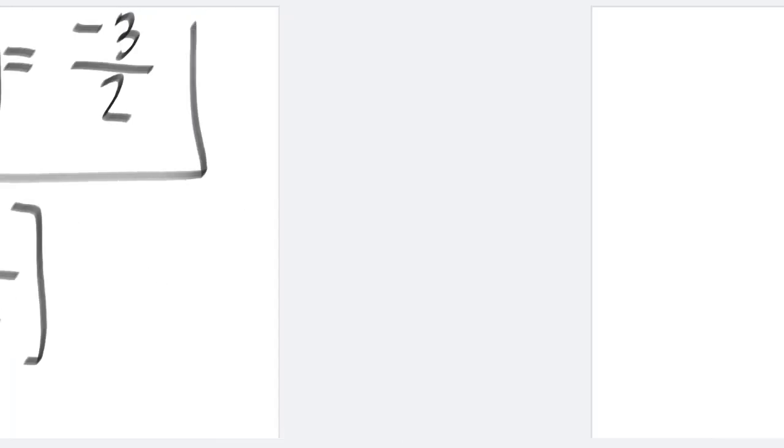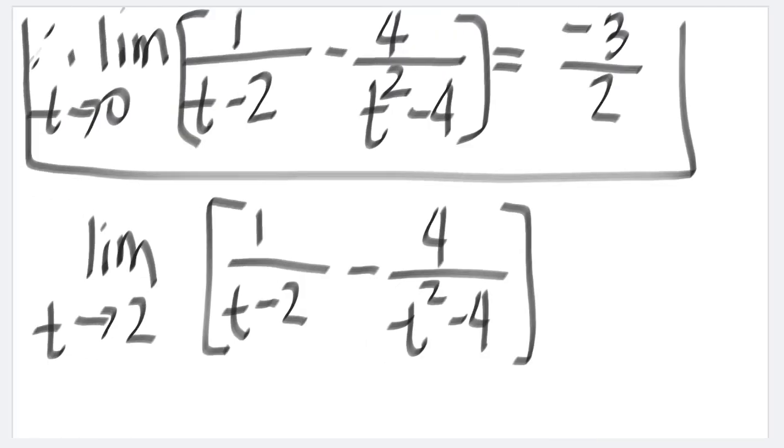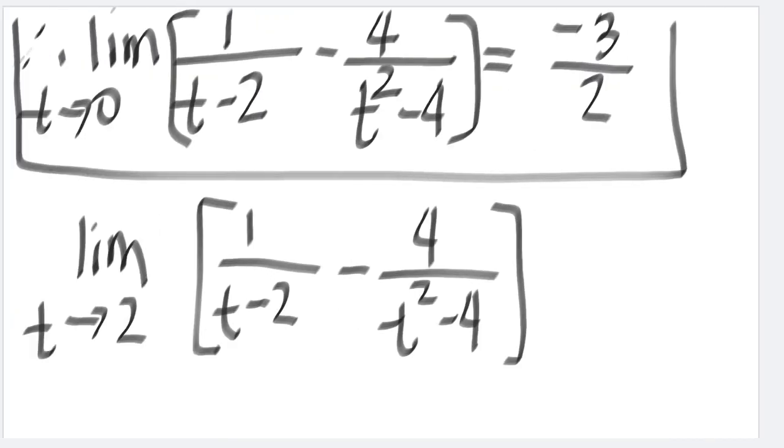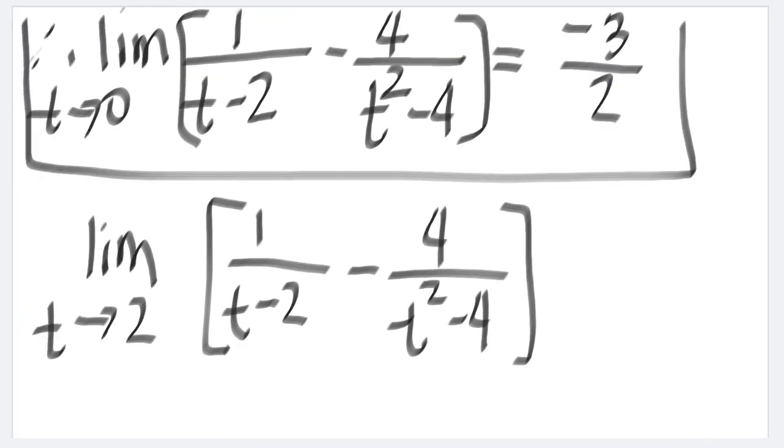So, by direct substitution, we have 1 over t minus 2, so that would be 1 over 2 minus 2, because t approaches 2. You just have to substitute 2 here.